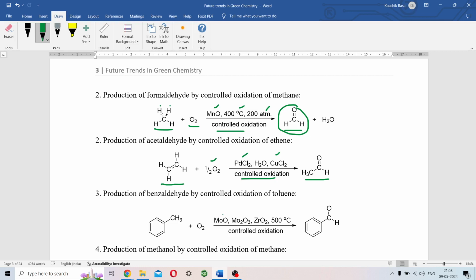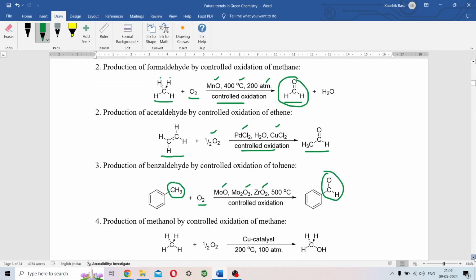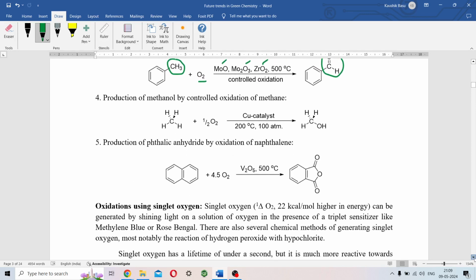If you deploy a mixture of molybdenum oxides and zirconium oxides, then you can also use oxygen as an oxidant, so that you can oxidize the side chain of the toluene to give you benzaldehyde. So this is another example where you can do this thing.